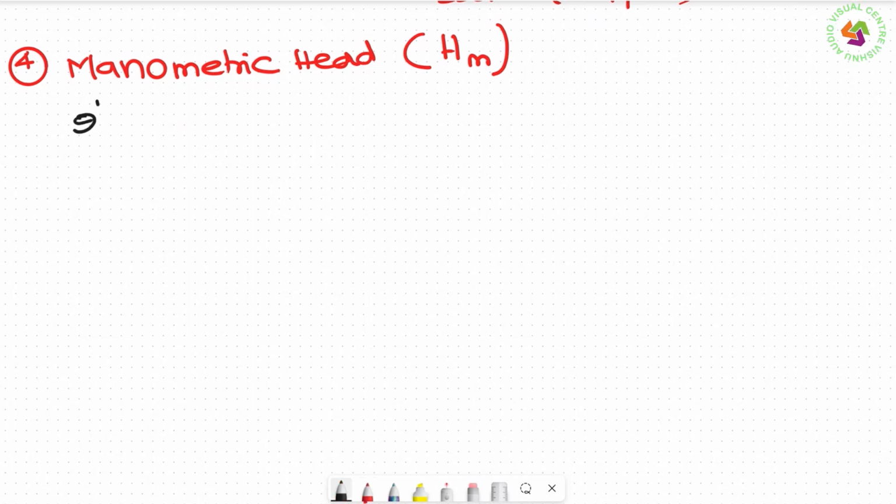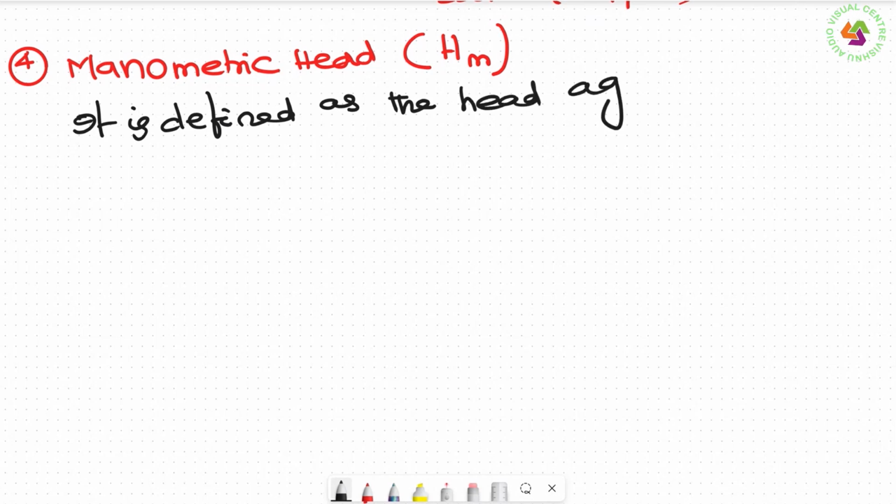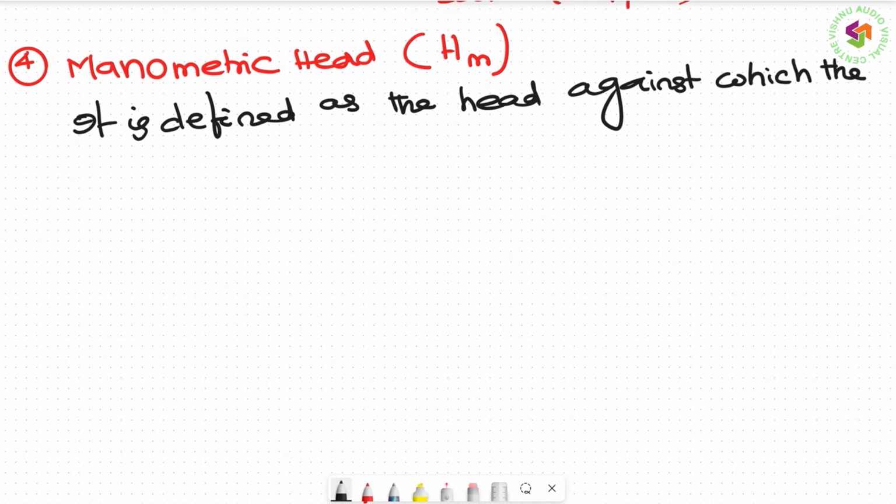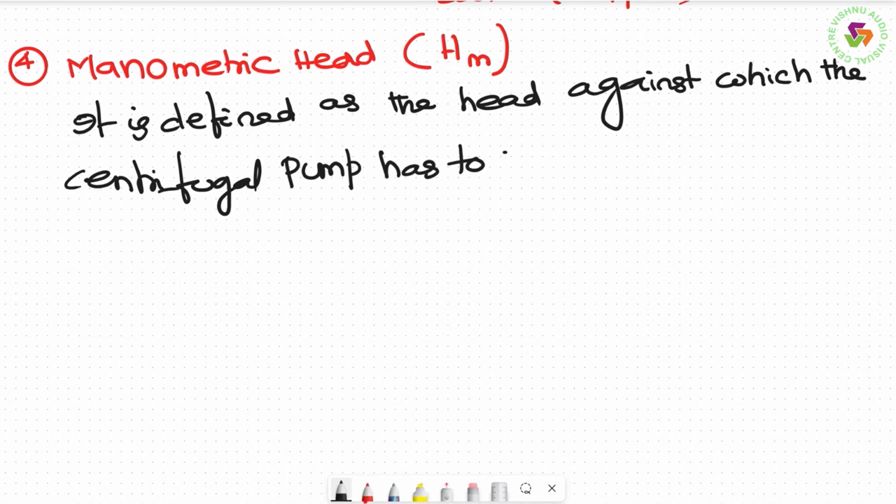It is defined as the head against which the centrifugal pump has to work.